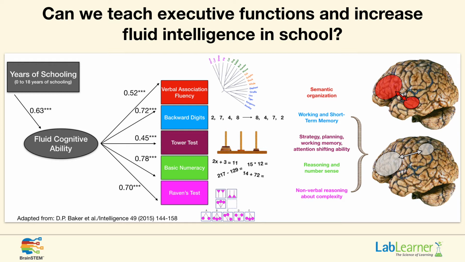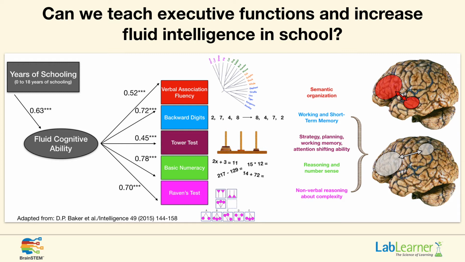And of course, if you read the paper, they're going to control for many, many variables in it. I'm just presenting the results here. And what you see up on the upper left is years of schooling, from 0 to 18 years. How is that correlated to fluid cognitive ability, or fluid intelligence?